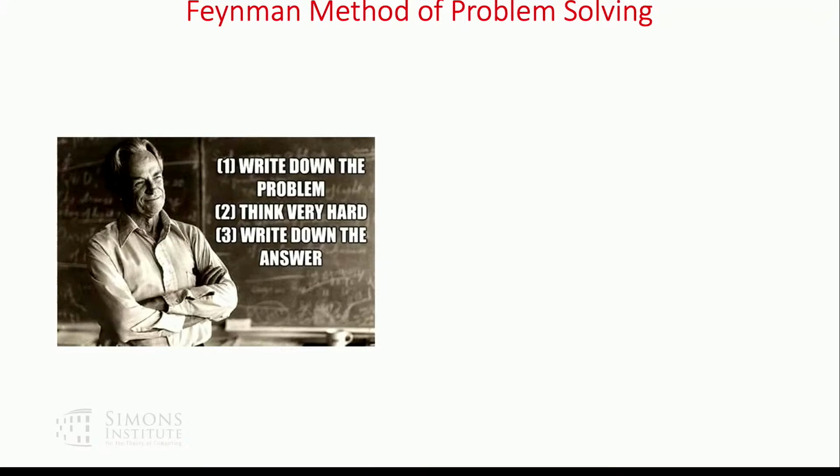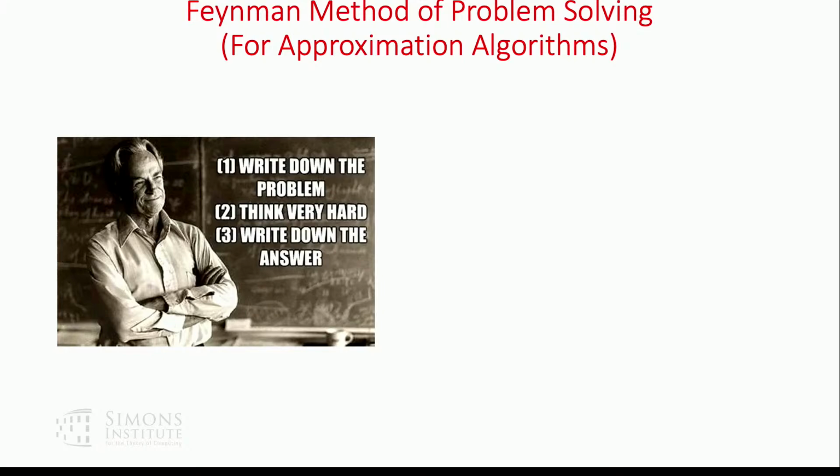If we ask for a specific context, let's say designing static approximation algorithms for computational problems, what would be a more specific version of this method? Well, for a non-trivial fraction of approximation algorithms questions, it would go like this.